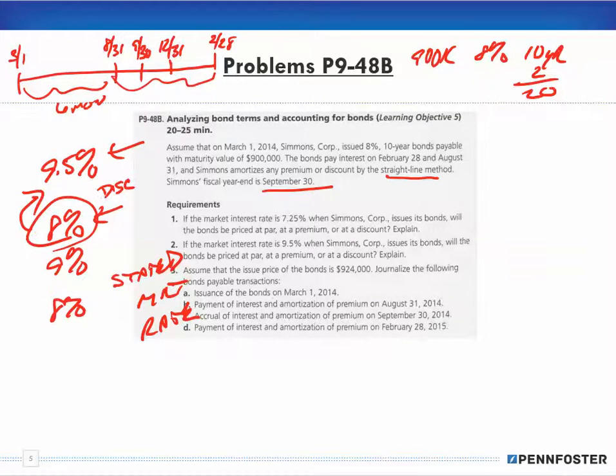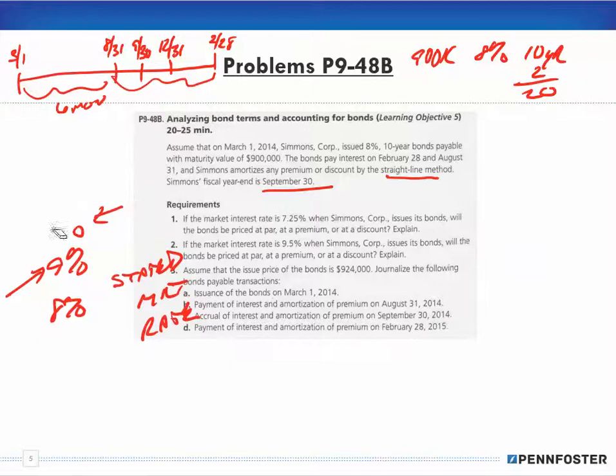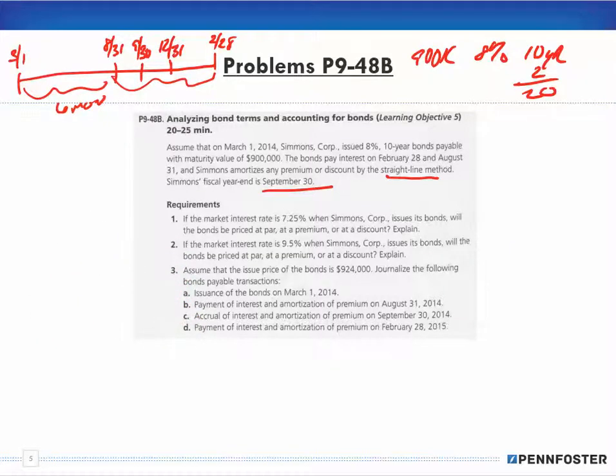But here I'm telling you it's at a discount, because we're talking about the market rate being 9.5%. We're not talking about the interest rate on the bond when they're being sold at that point in time. So be aware of the terminology and think about it from a market perspective. Okay.